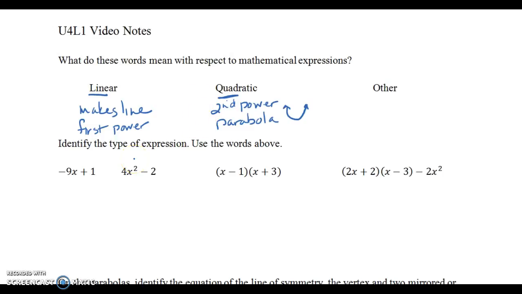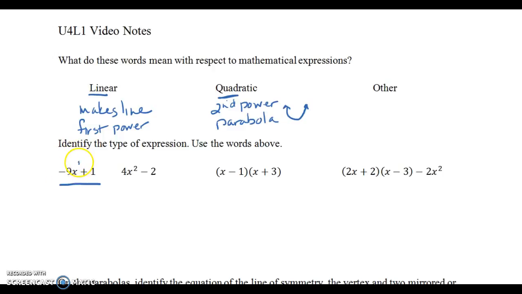So the first thing we're going to do is look at some expressions now that we understand what the difference between linear and quadratic are, and we're going to try and figure out whether they are linear or quadratic or something else. So the first expression, pretty straightforward. We have negative 9x plus 1. Well, the negative 9x, so this is x to the first power.